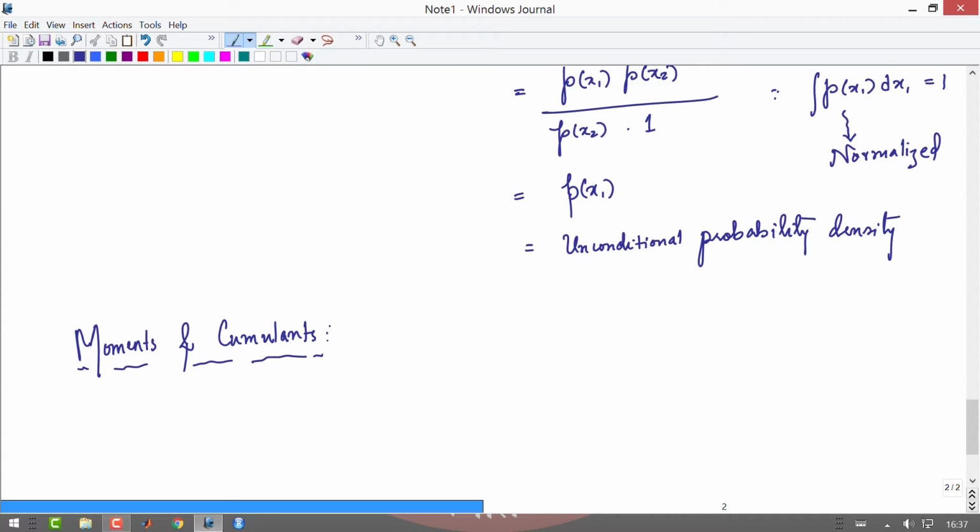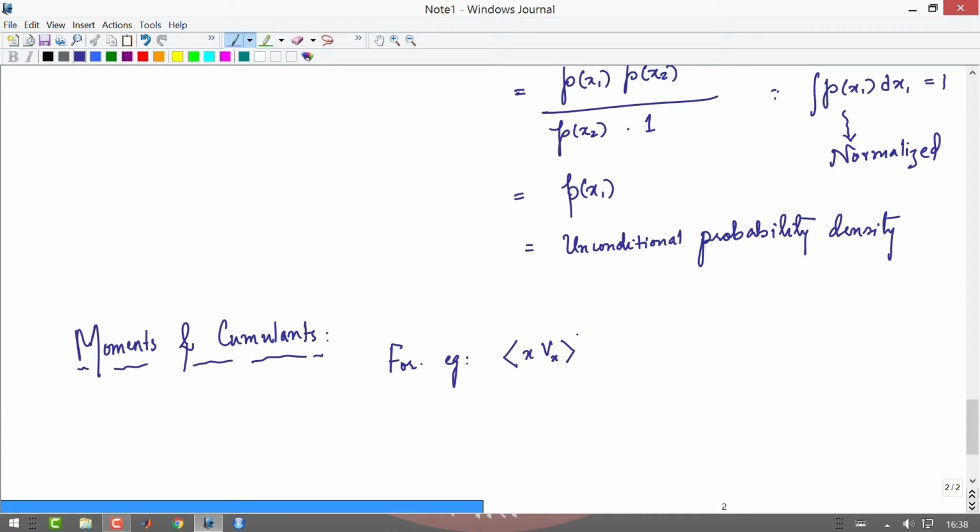Okay. Now, what do I mean with moments and cumulants of such distributions? Let me give you some examples. So, I'll give you an example. What is the expectation of the product Vx into x? X and Vx are the x component of position and velocities of a gas particle.